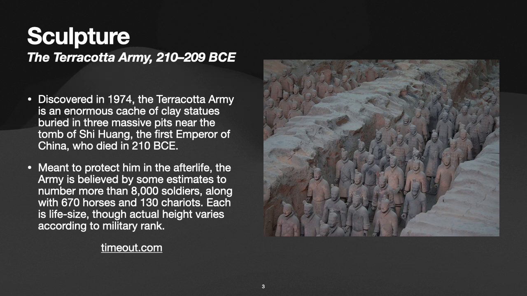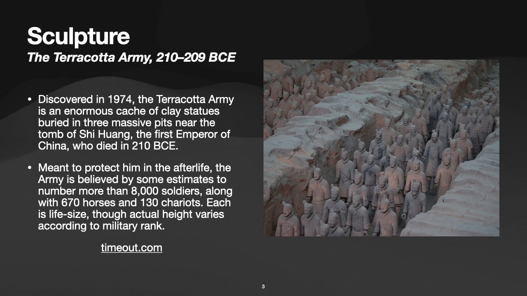In 1974, there was a collection of terracotta warriors discovered in Xi'an, China. Local farmers came across pieces of a clay figure, and as they dug to find more pieces, they discovered an ancient tomb that was huge.